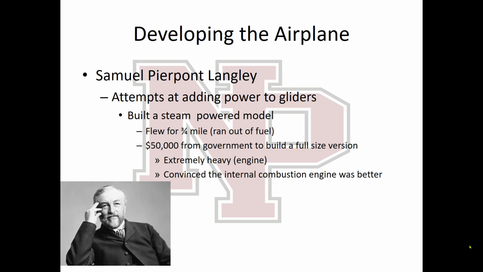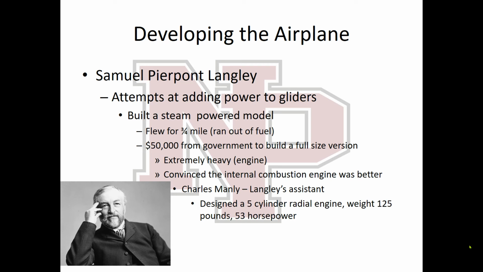Well, in working with his power gliders, he had an assistant, and that assistant was Charles Manley. Charles Manley, a very intelligent gentleman, created an internal combustion engine, and it was a 5-cylinder radial engine.